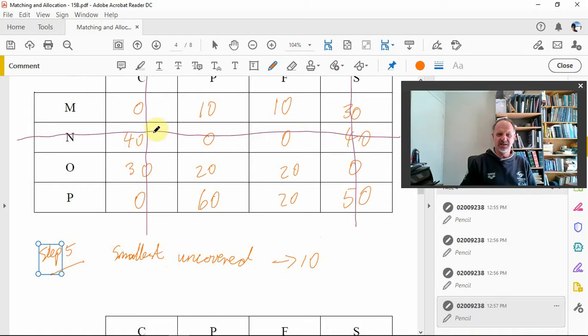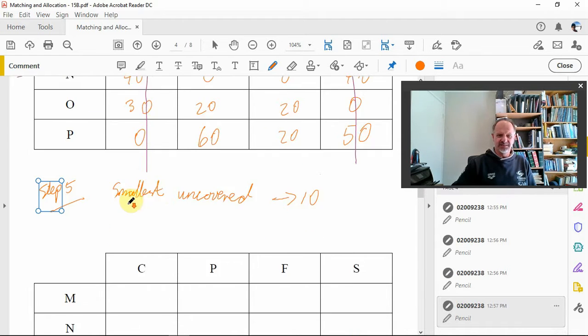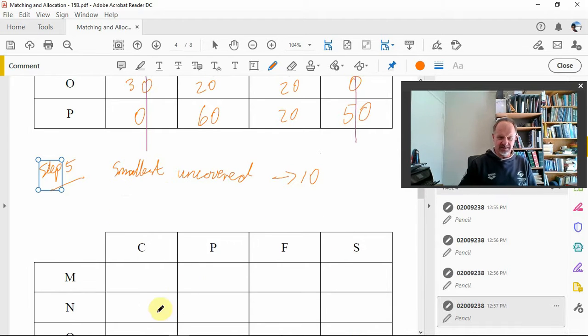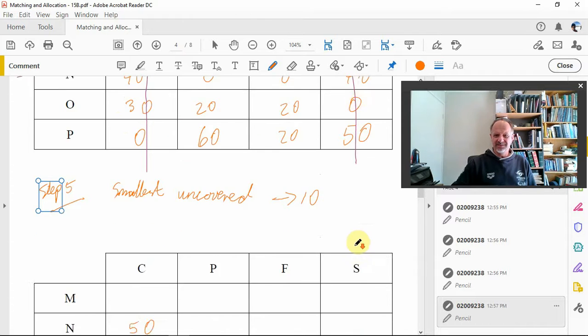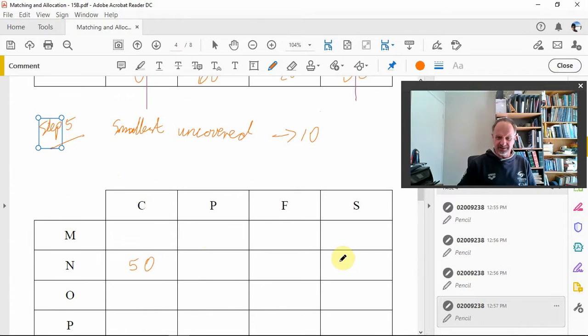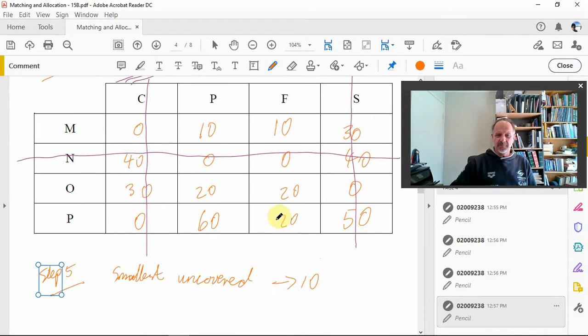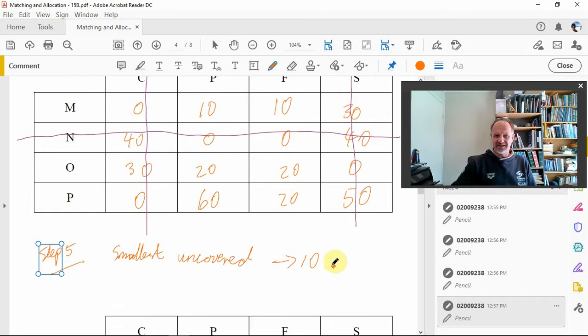So 40 plus 10 is 50. So that's here. 40 plus 10 is 50. So that's here. And our uncovered numbers, we take our 10 from them.